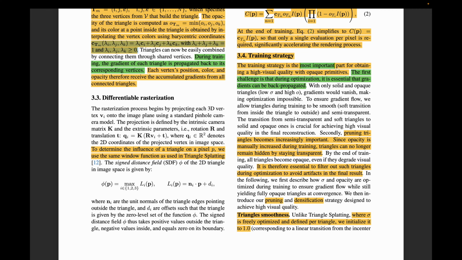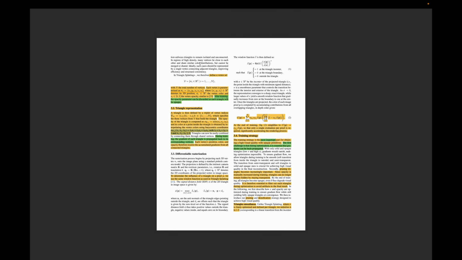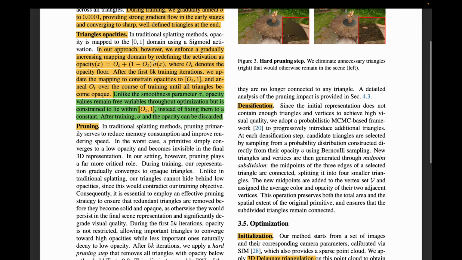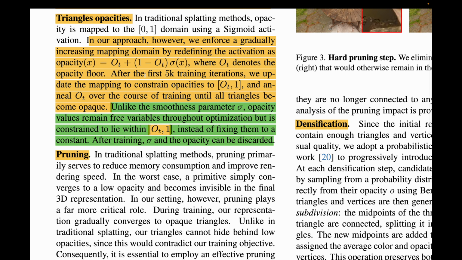The gradient flow is really difficult. So to solve that, they allow semi-transparent triangles at the beginning, but they have a smoothing or scheduling during training that makes sure that at the end of training, all the triangles are opaque. So basically at the end of training, the opacity parameter, you can disregard it, you don't need to store it. You assume that all triangles are opaque.